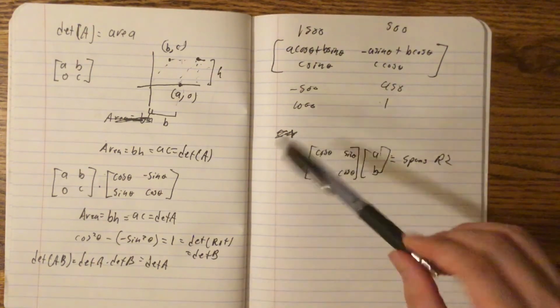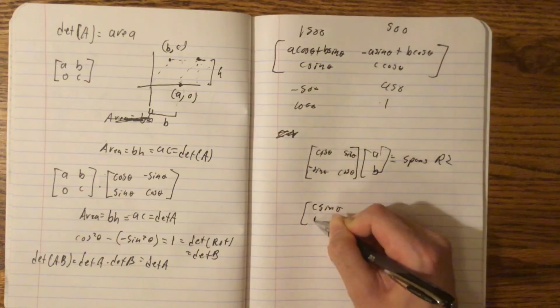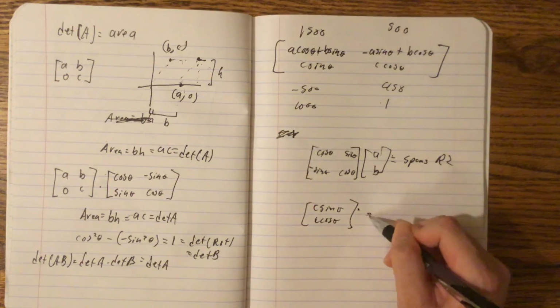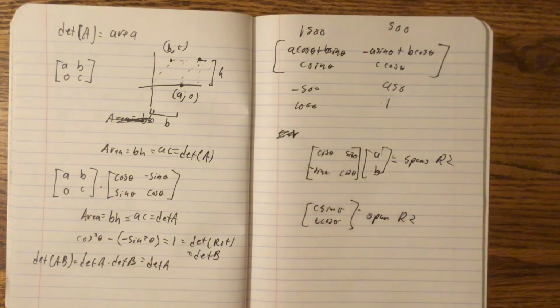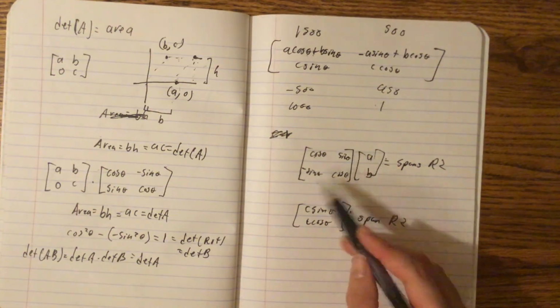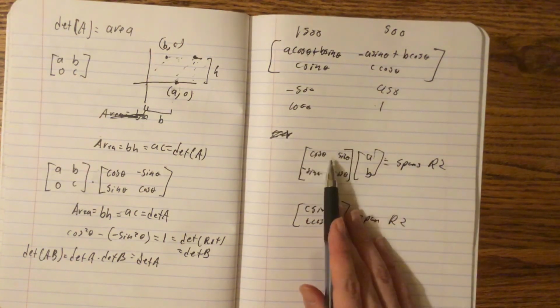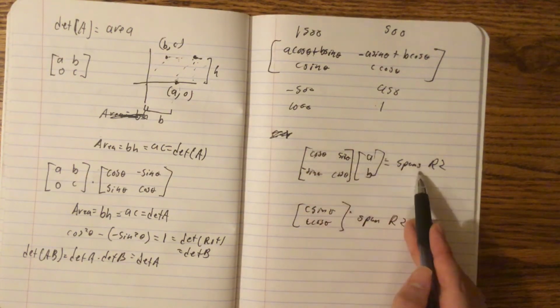So if we were to write C sine theta, C cos theta here, this vector would span R2 as well if we can vary theta and C. So this would span R2, and then furthermore, if we assume that cos theta and sine theta are constant, these are independent vectors, and A, B are variables, then this also spans R2.